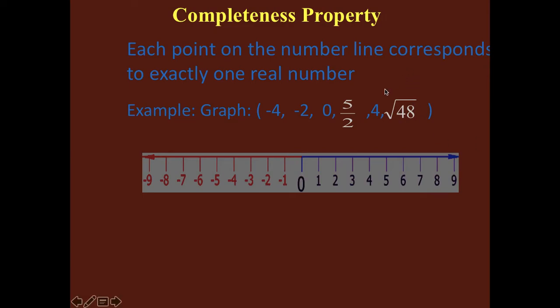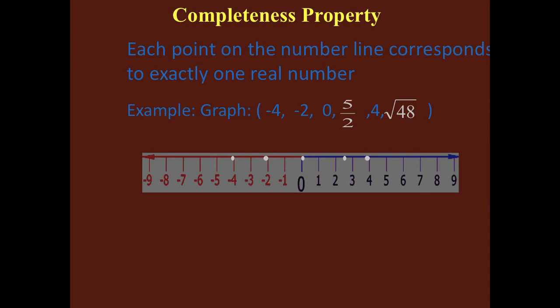Now 5 over 2, if we divide 5 by 2, it's 2.5, and root of 48, we know it's not a perfect square. So let us graph negative 4, negative 2, 0. 5 over 2 is 2.5.